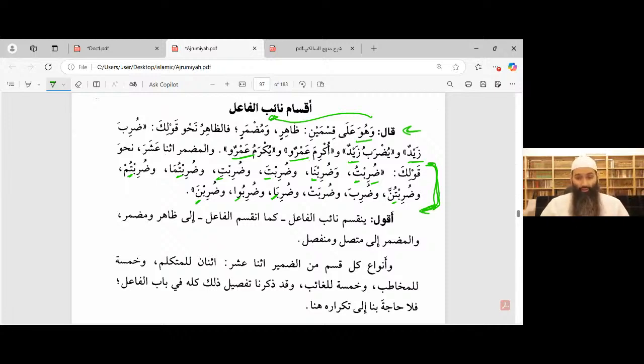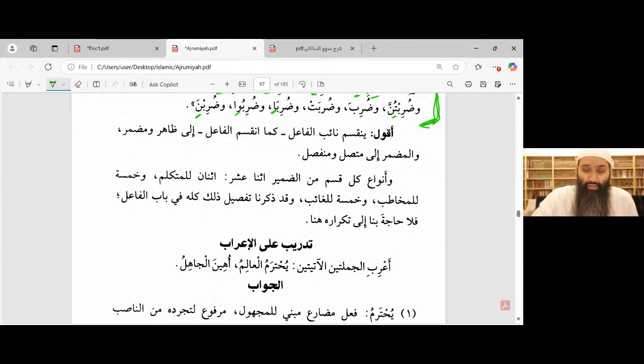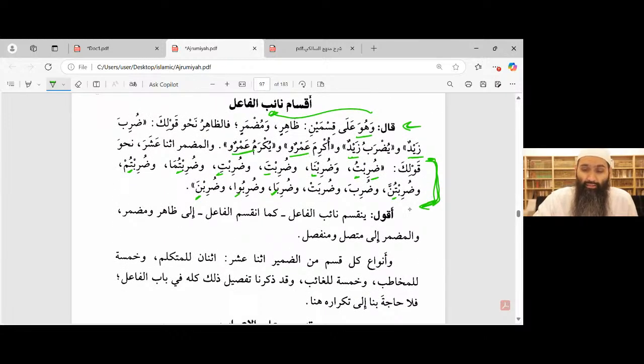Everything is the same. And this is why you can see the sharih didn't go into any details here, because he's done it all before in the previous chapter. So he says, أقول: ينقسم نائب الفاعل كما انقسم الفاعل إلى ظاهر ومضمر. The na'ib al-fa'il can be divided just as the fa'il was divided or categorized into dhahir and mudmar.